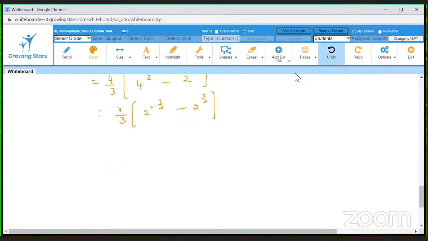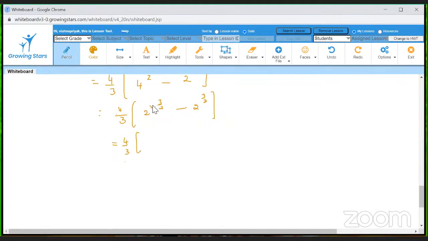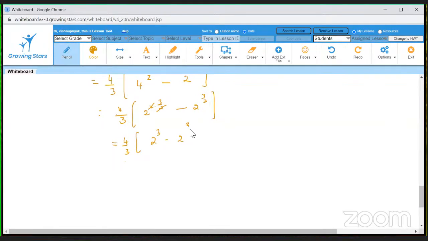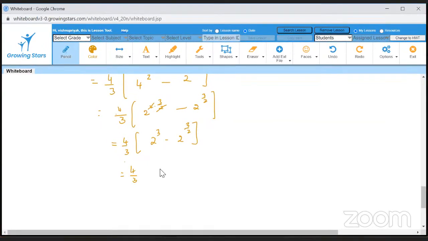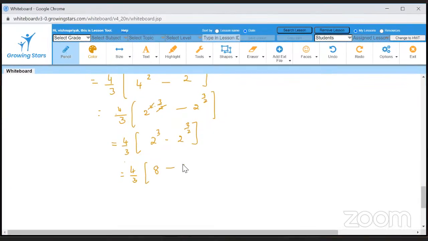So what will it be? 4 by 3 into these two will cancel, 2 cube minus 2 power 3 by 2. 4 by 3 into 2 cube is 8 minus 2 power 3 by 2. You can write it as 2 root 2.